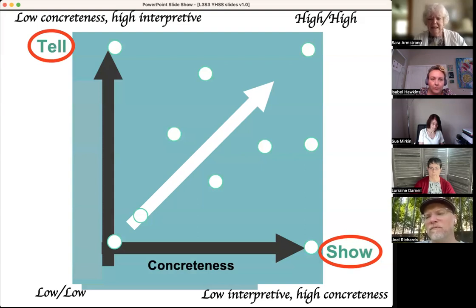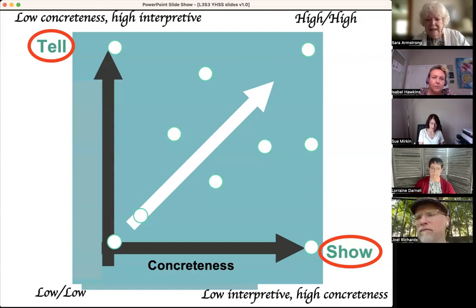So telling, as we use it, is actually low concreteness and high interpretive language. That's what people mean by telling. They're not aware that that's what they mean, but this actually is what they mean.